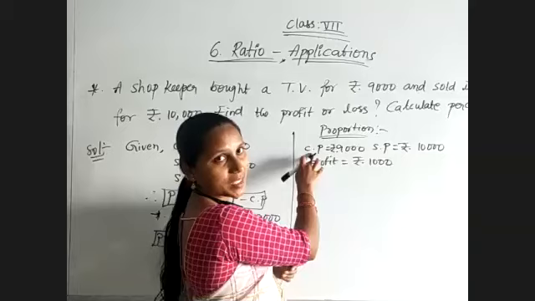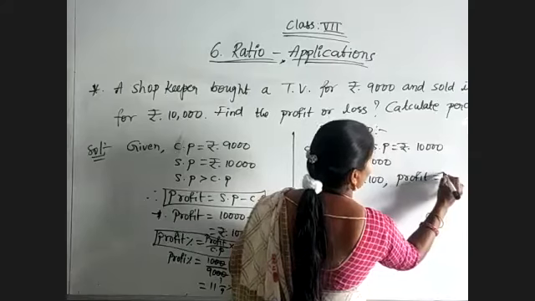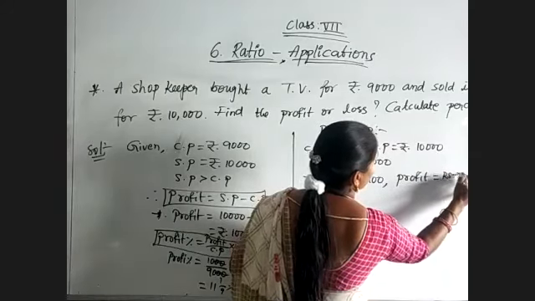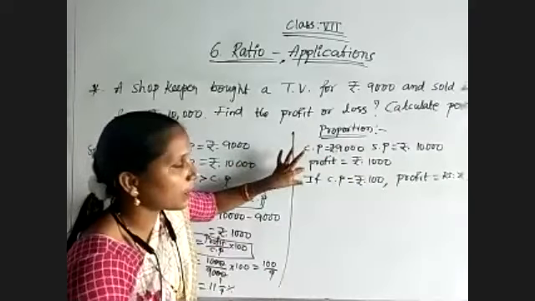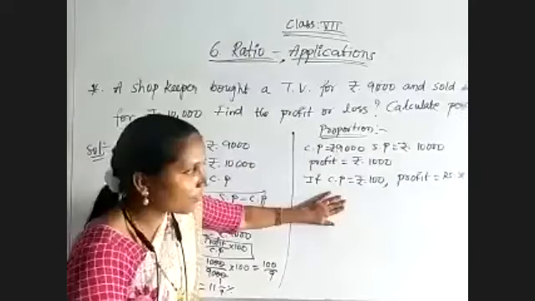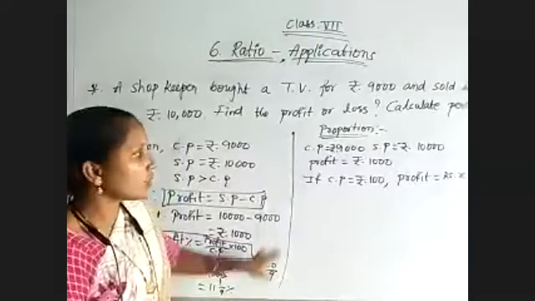We will find that. If CP is equal to 100 rupees, profit will be equal to X rupees. Using proportion, we are comparing CP and profit. If you find the profit for every 100, that is the profit percentage.